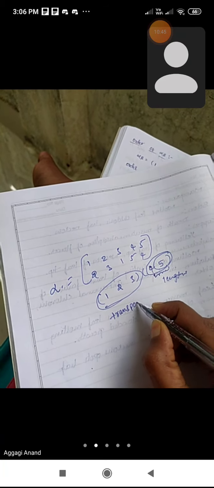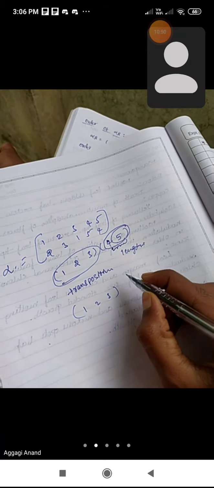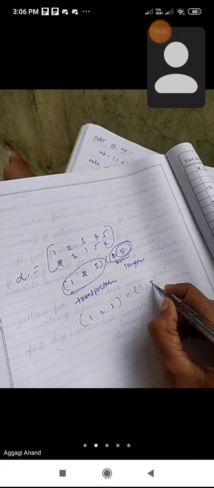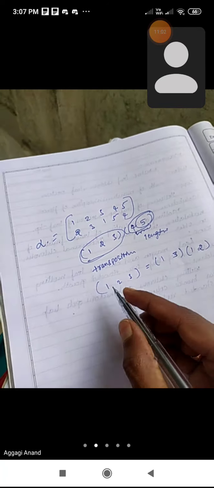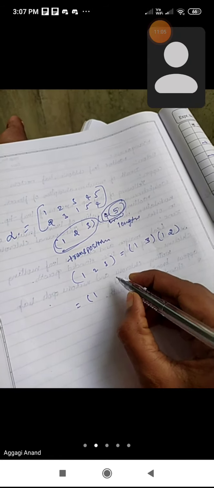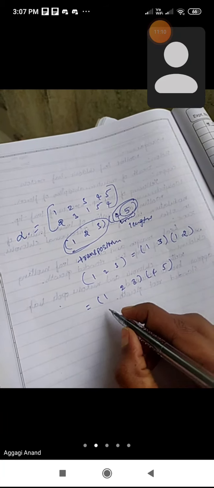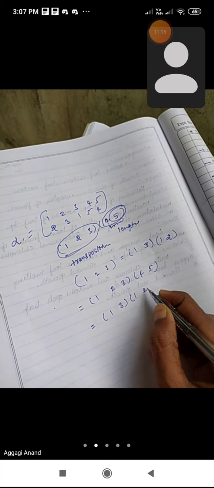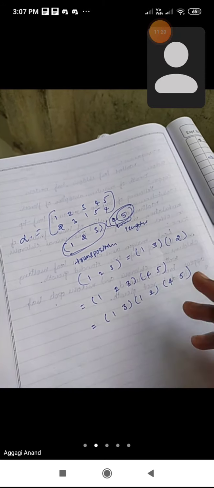How to convert? (1, 2, 3) is equal to (1, 3)(1, 2). So the given permutation is nothing but disjoint cycles (1, 2, 3) and (4, 5). Then again (1, 3)(1, 2) and (4, 5).